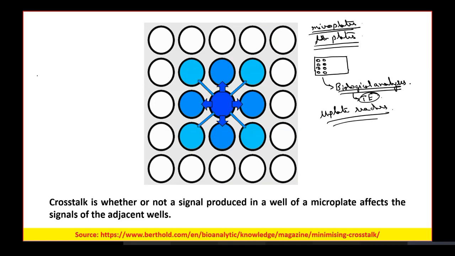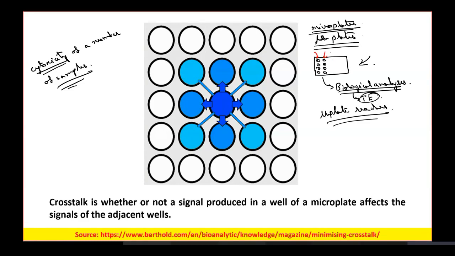So how is it done? Suppose you want to measure the cytotoxicity of a number of samples. You have these microplates, and within these microplates you can put in your samples.